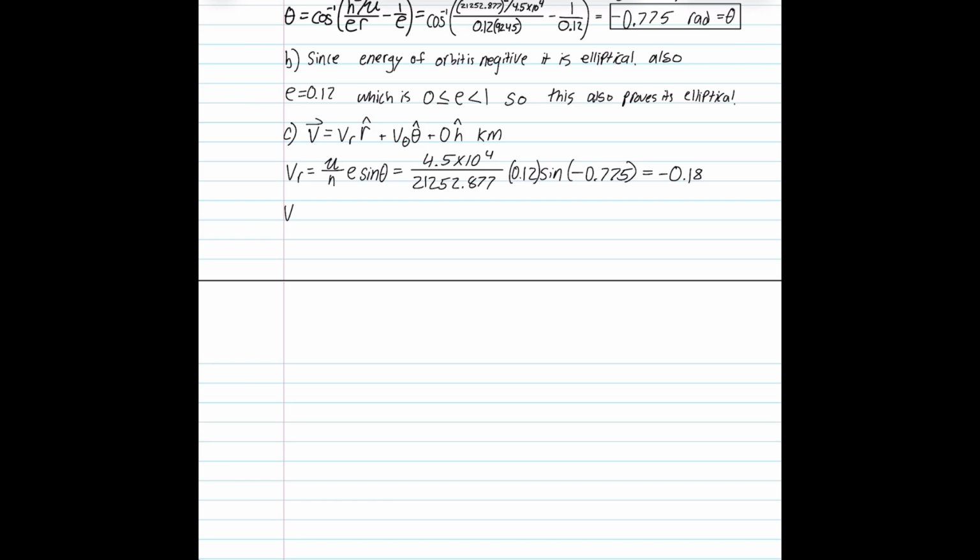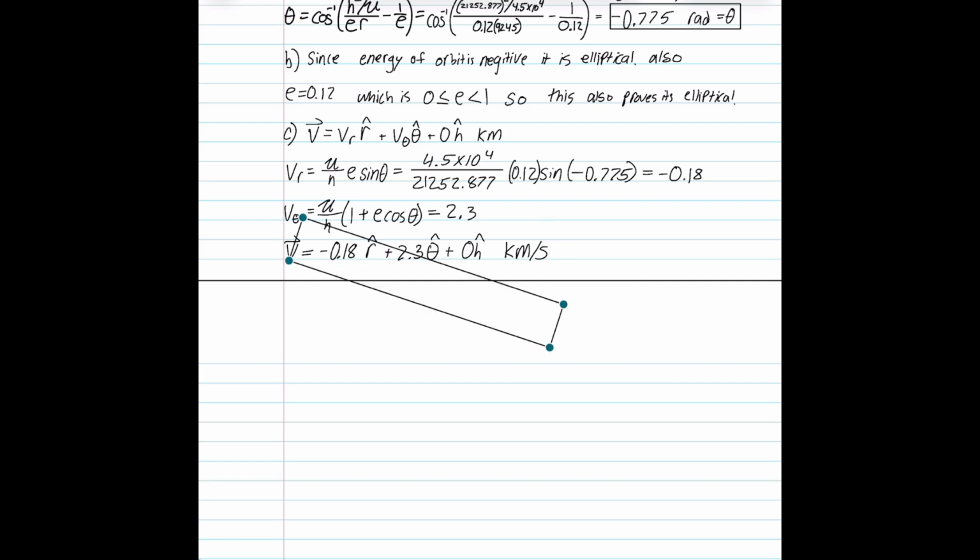This comes out to be negative 0.18. And for v theta, similar equation, and we know all of those values, and it comes out to be 2.3. So writing it in the form of v_r, v theta, 0 for the h component, we get this.